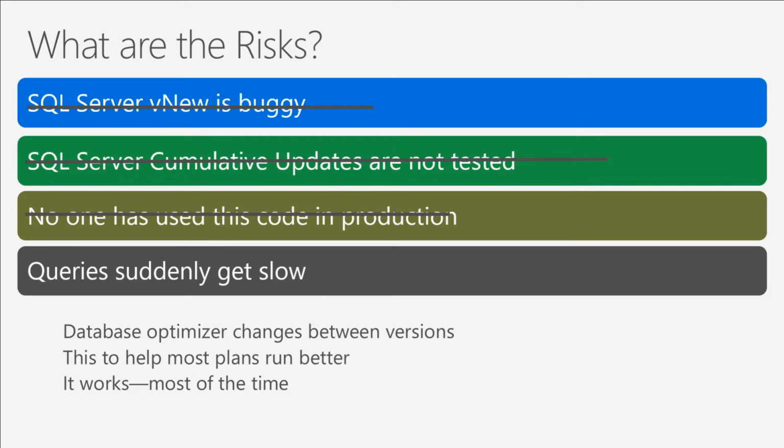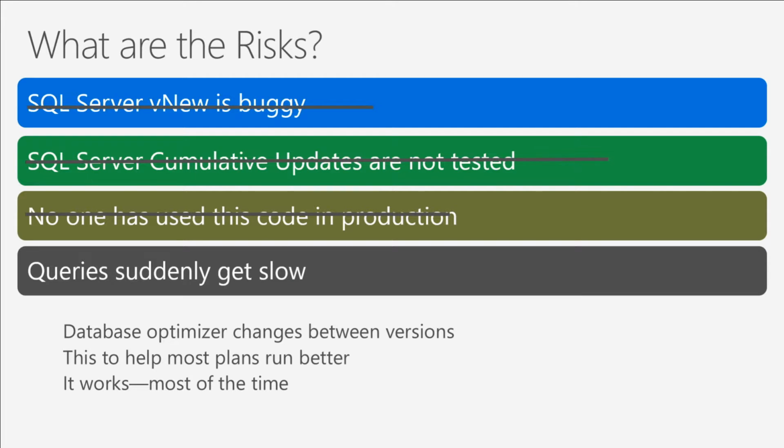Finally, the last risk, and probably the biggest risk of any database engine upgrade, no matter what database engine you're using, is that your queries suddenly get slow. And the reason for this is that the database optimizer changes between versions. There's a pretty big change in optimizer behavior between SQL Server 2012 and 2014. A part of the code, known as the cardinality estimator, changed fairly significantly.